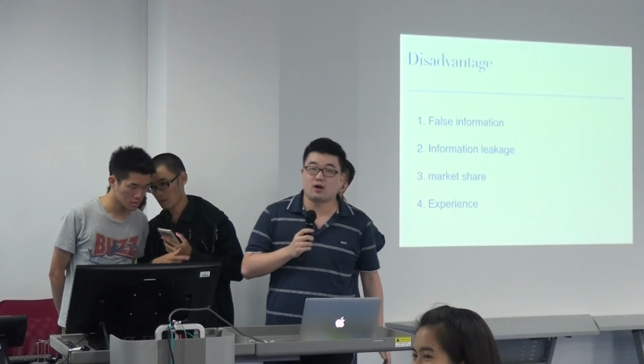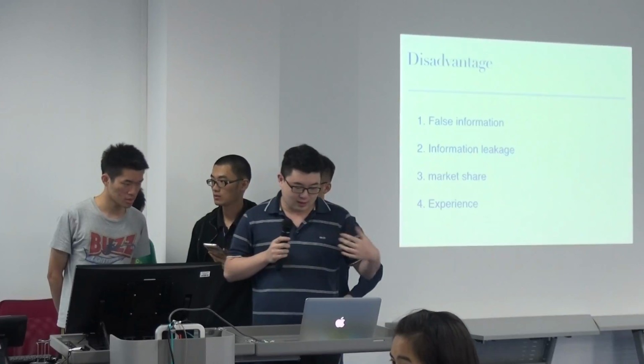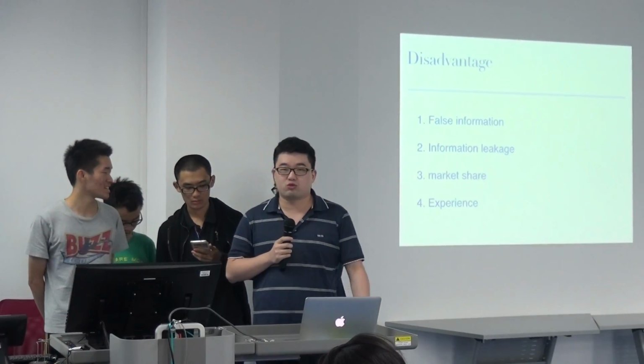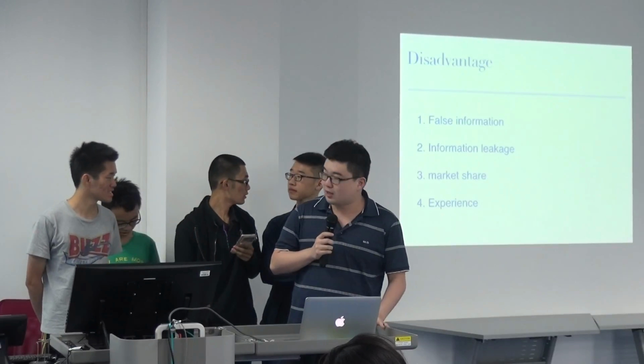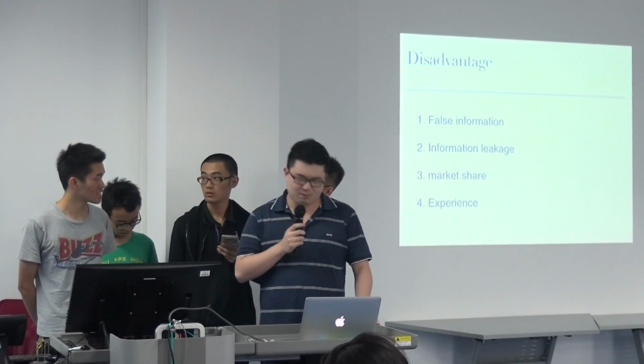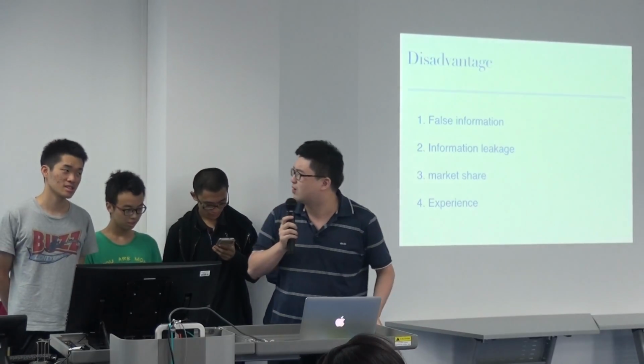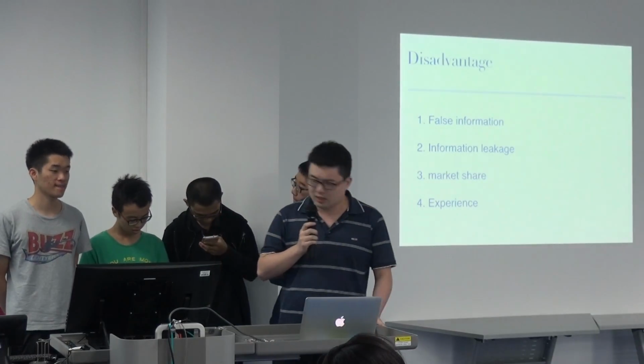Some of the definitions of robot may be right, but others may not be so accurate. So we must choose which one we want, and we may have to find the real definition of robot. That is the first disadvantage of new media.